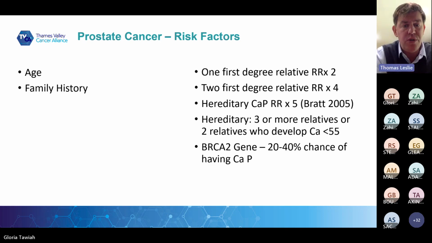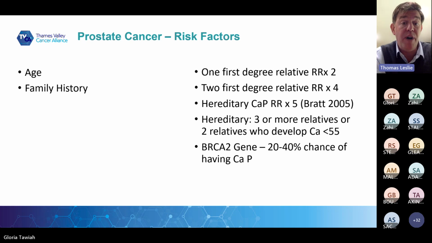Family history is important. So one first-degree relative increases a man's relative risk by 2. Two first-degree relatives by 4. If there's an element of hereditary prostate cancer, and I've put in at the bottom the BRCA2 gene, which is included in all that, then it probably increases it by 5-fold.